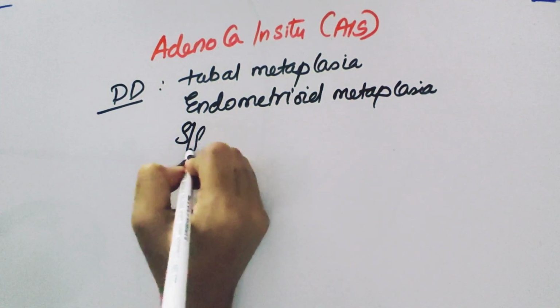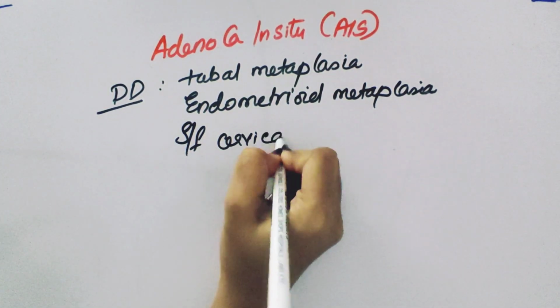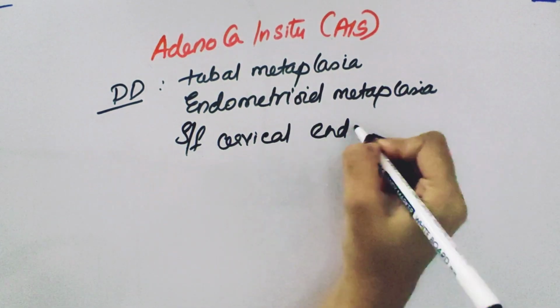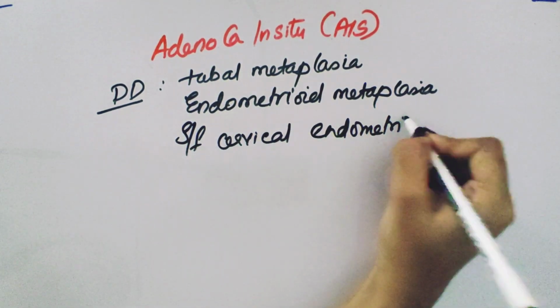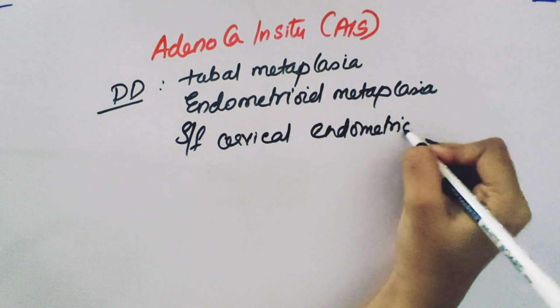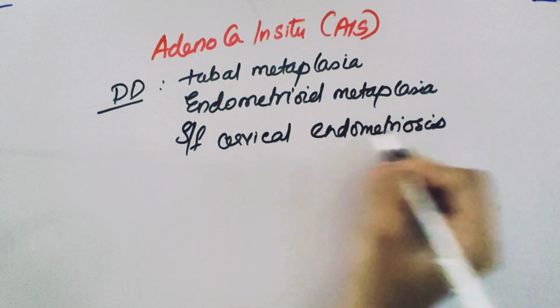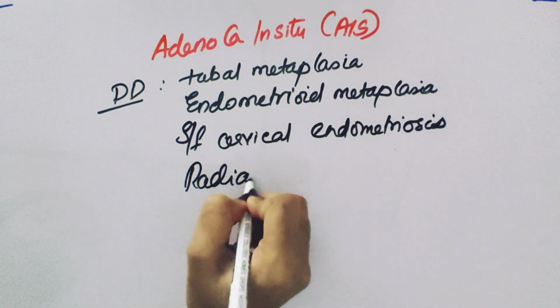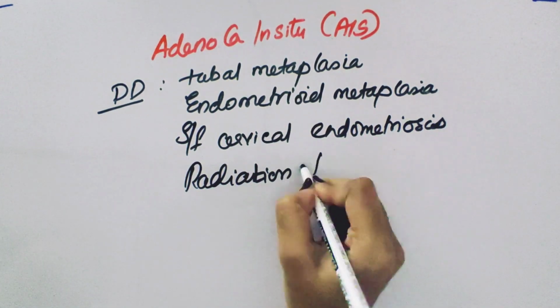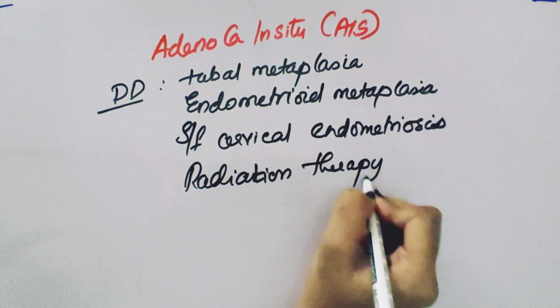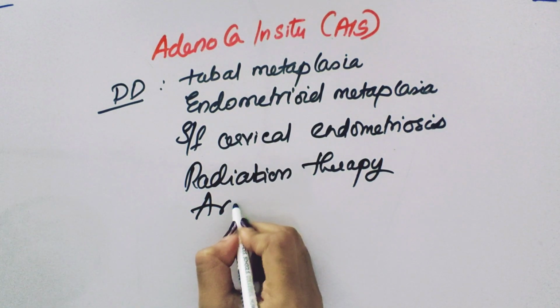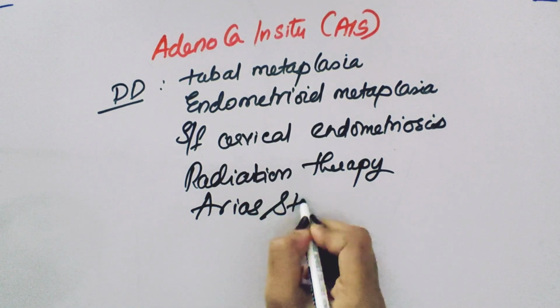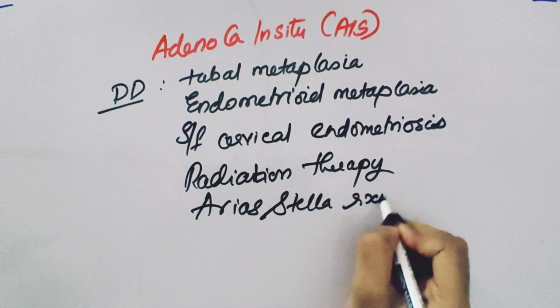And then superficial cervical endometriosis, which can look like endocervical adenocarcinoma. And then we have radiation therapy related changes. And then we have Arias-Stella reaction. I'll be telling briefly about these things.